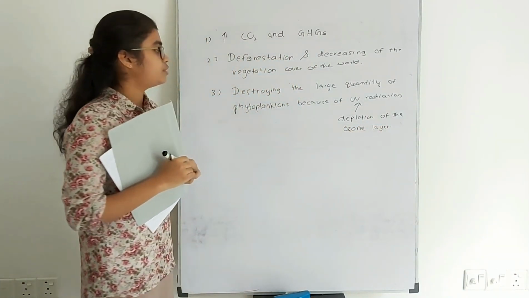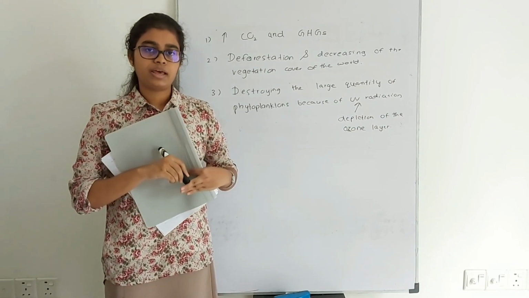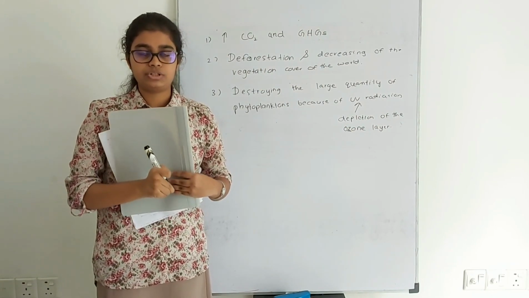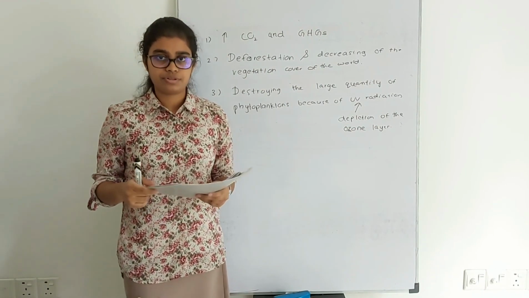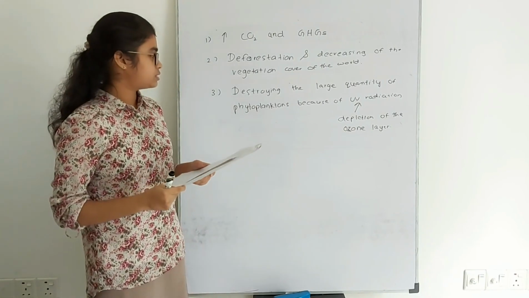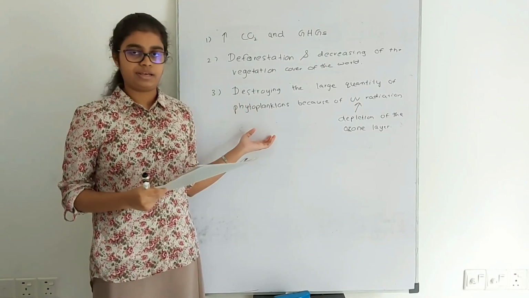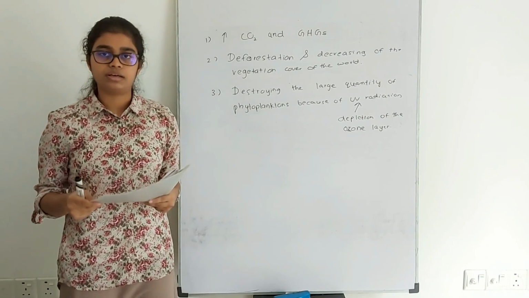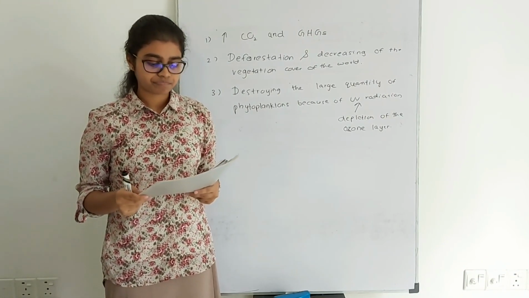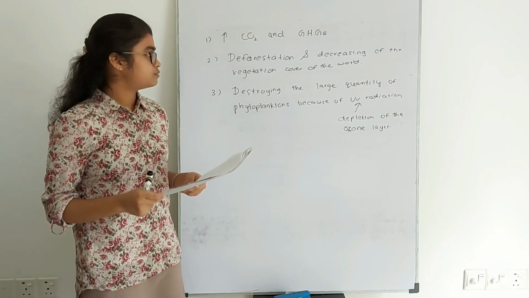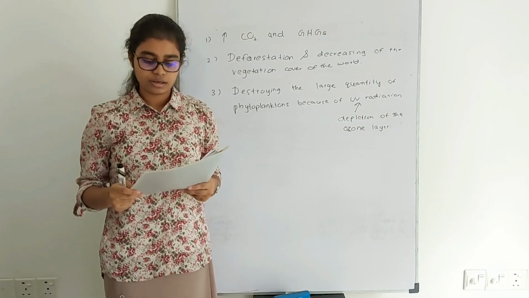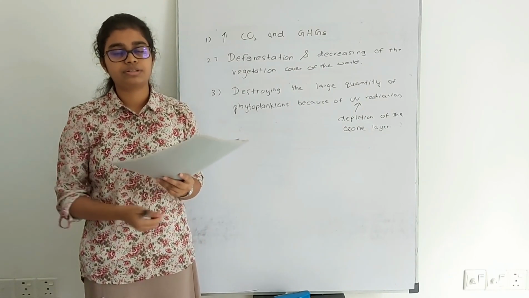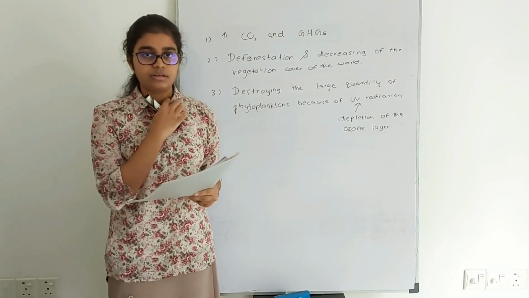First thing, what are phytoplanktons? They are planktons that absorb energy via the process of photosynthesis. This destroying of phytoplanktons is something similar to deforestation. Phytoplanktons which live in warm seas are very useful to maintain the oxygen and carbon dioxide balance.